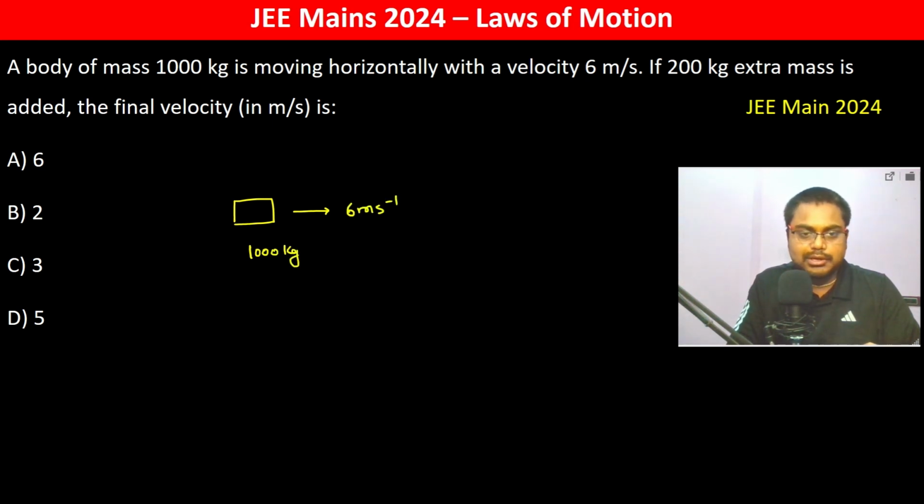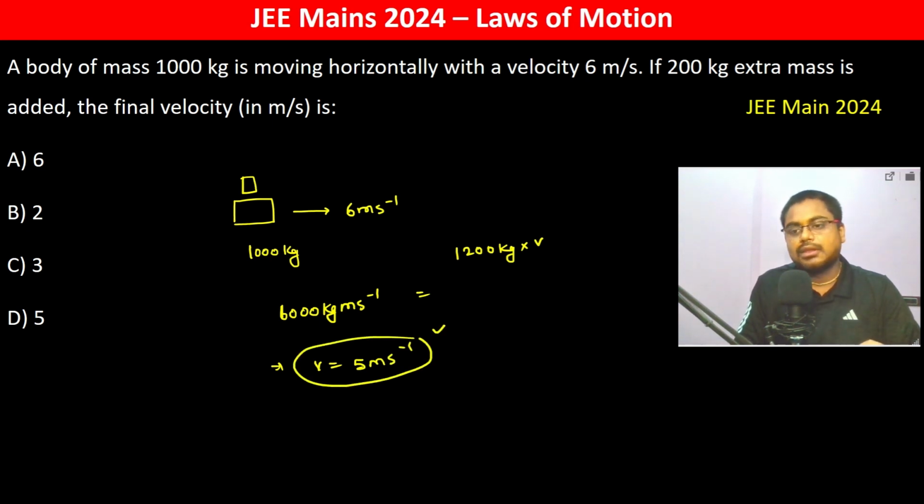So therefore the momentum is 6000 kg meter per second. Now we add 200 kg extra to it. So now it becomes 1200 kg and into V. Both have to be equal. So V is going to be equal to 5 meter per second. Okay, so therefore this is D.